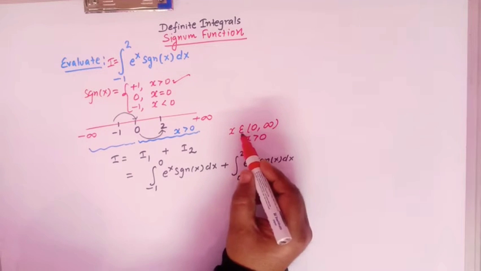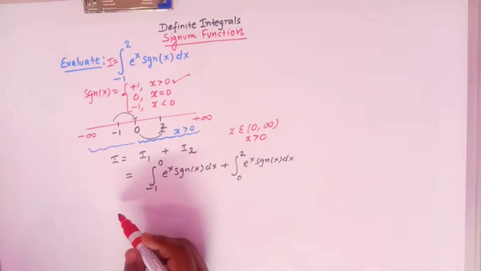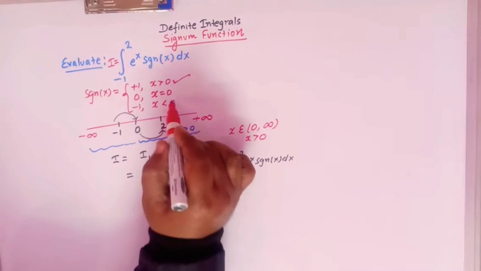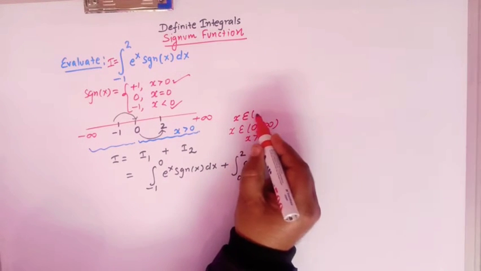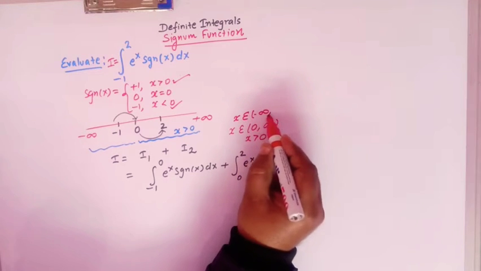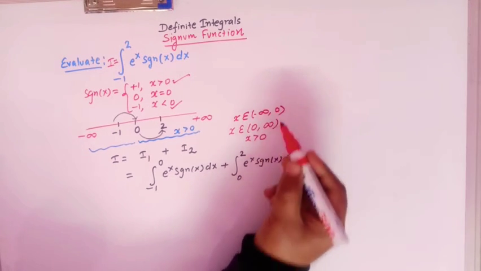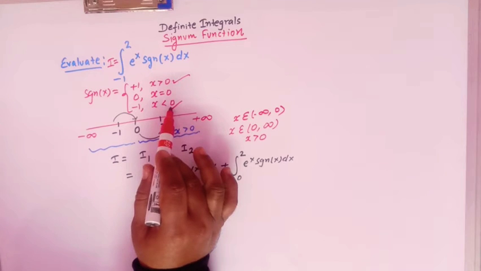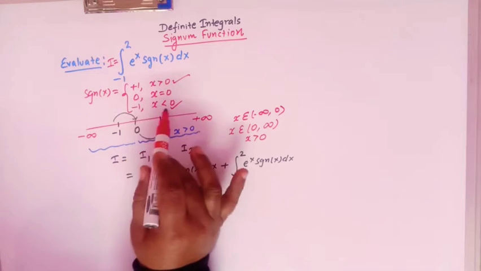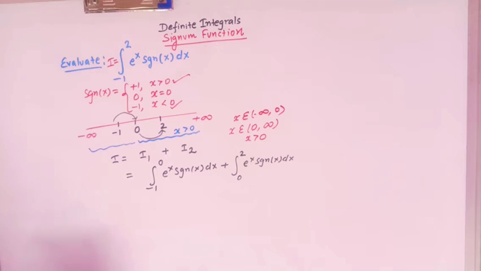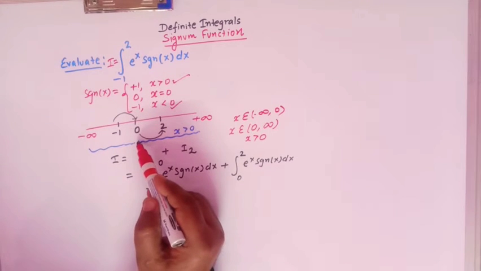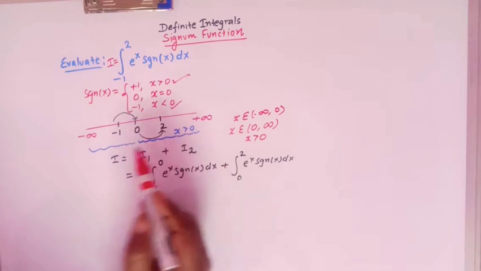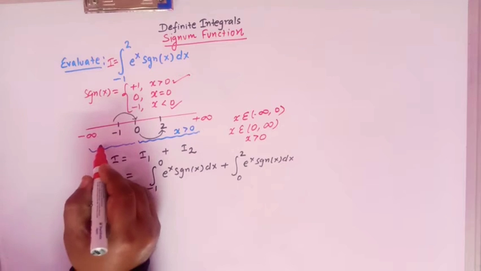Similarly, when x belongs to minus infinity to 0, then x is less than 0, and here signum of x takes the value -1.